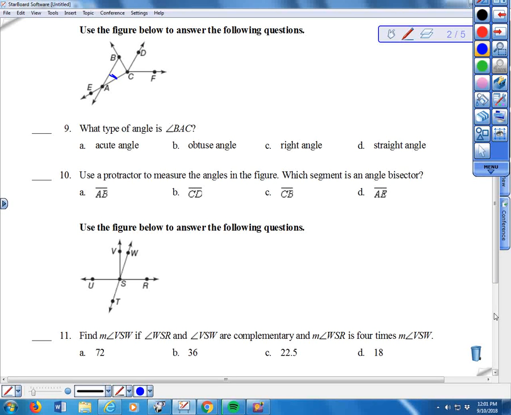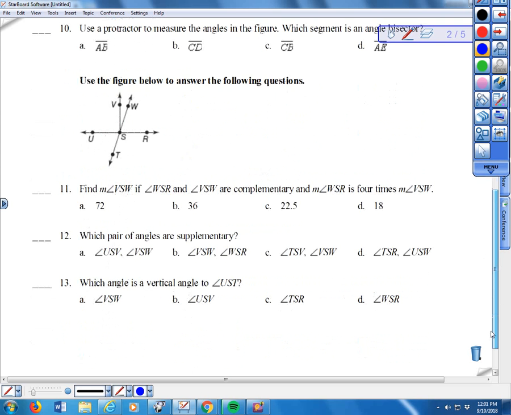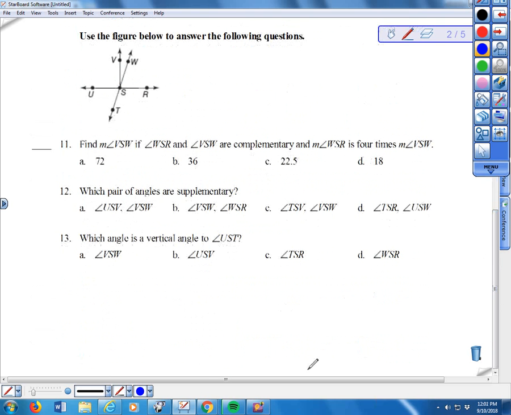Use the figure below to answer the following questions. Find the measure of VSW, put this to the top, if WSR and VSW are complementary. What does that mean? Complementary? 90. So WSR, this angle, plus this angle, equal 90.